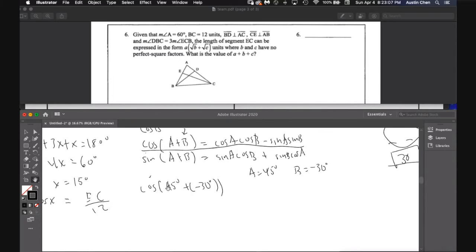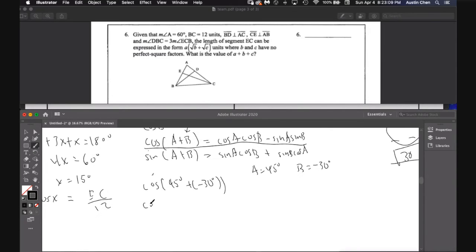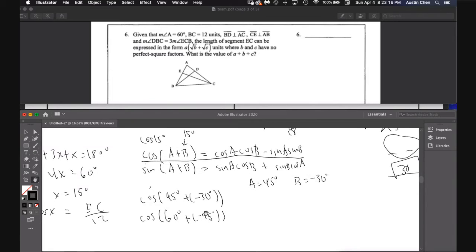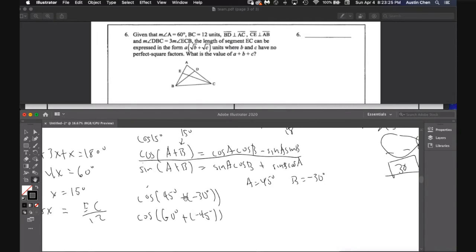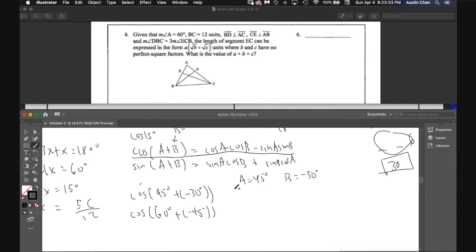You can also write this as cosine of 60 degrees plus negative 45 degrees, as this also sums to 15 degrees, and it will give you the same answer. You can test both of them out, but it doesn't matter which one you use. Let's just use 45 degrees and negative 30 degrees.